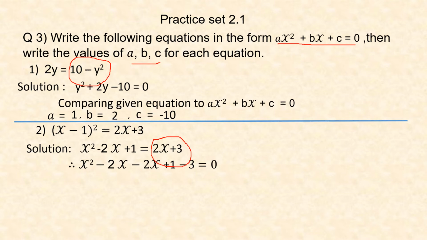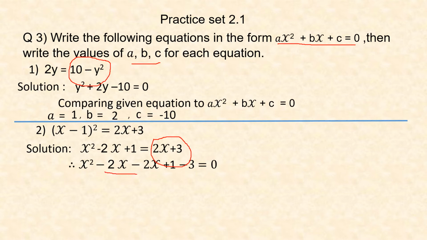This right hand side 2x, when we bring on the left hand side, becomes minus 2x, plus 1 as it is, plus 3 when we bring on the left hand side becomes minus 3 is equal to 0.